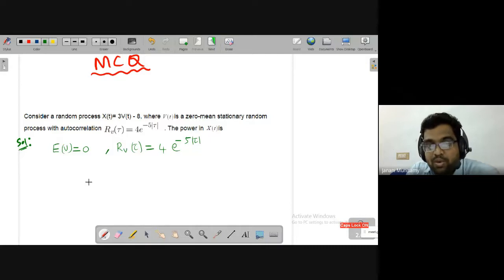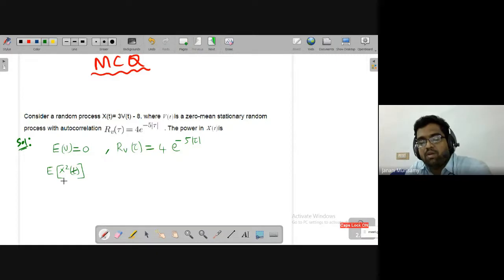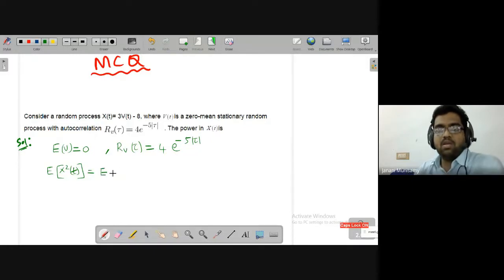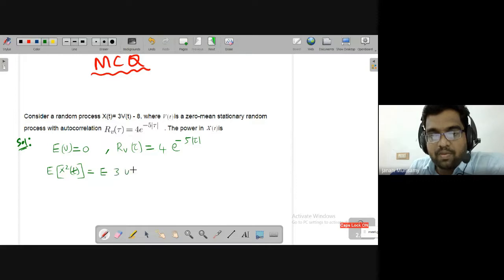First of all, you should know what is the power formula in the random process. For a random signal, power is simply the expectation of x square of t. This is the power of the random process. They mentioned x of t is equal to 3 times v of t minus 8.